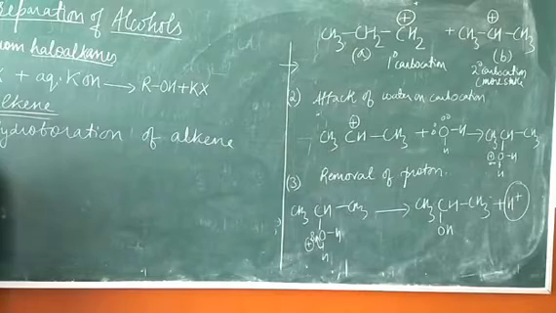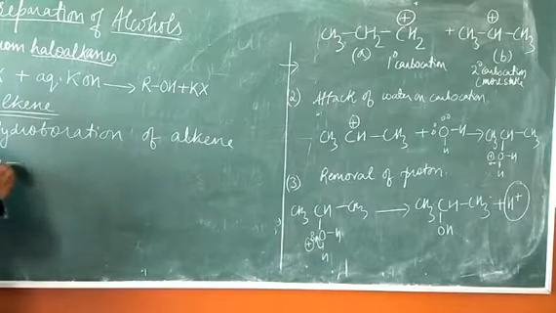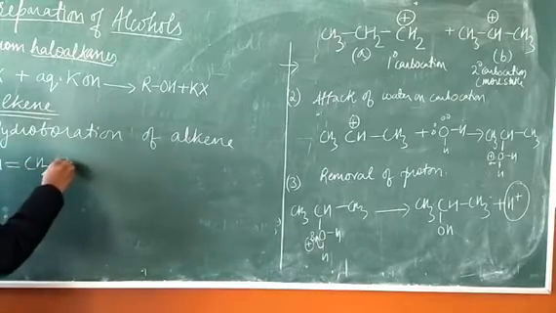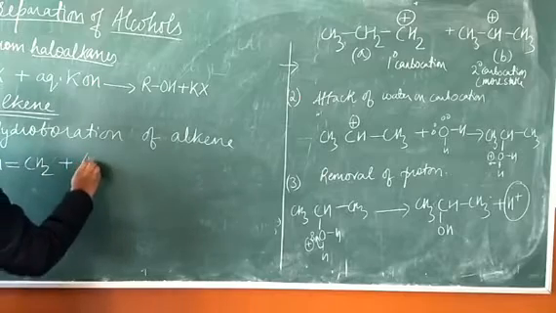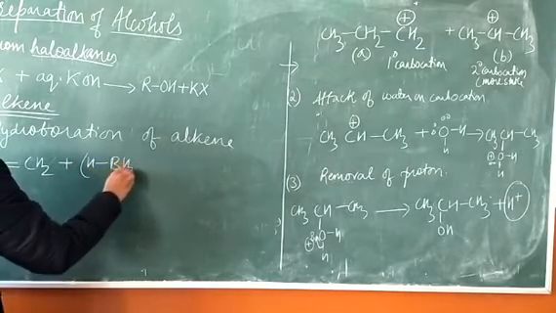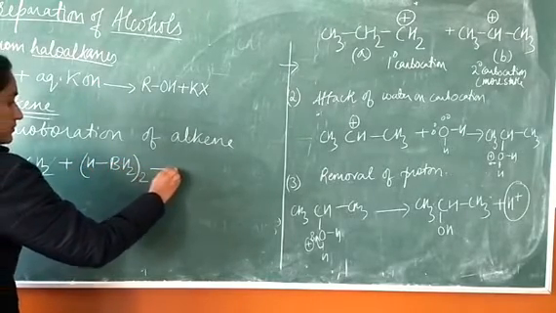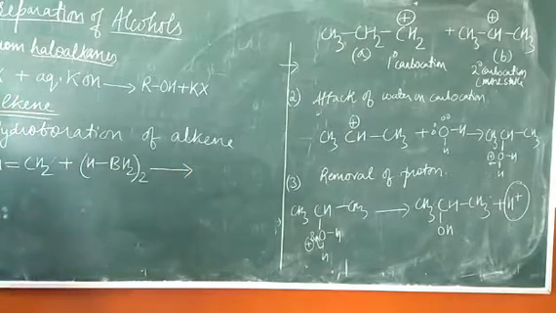So here we are going to use diborane, right? So let's take this CH3, CH, double bond, CH2, plus we will write down the boron in this form, H, BH2, right?